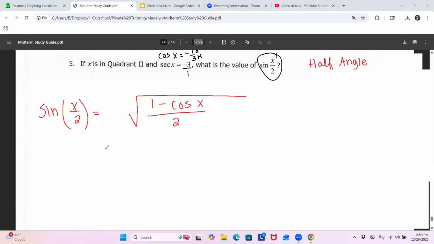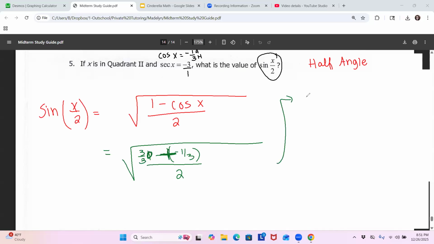Alrighty, so now let's just plug and chug. Big root, 1 minus cosine, which is negative a third, all over 2. Minus minus will turn to big plus. 1 we can turn to 3/3 to give us a common denominator. So we have big root 3/3 plus a third would be 4/3, all over 2.